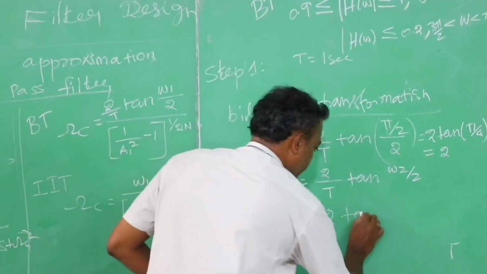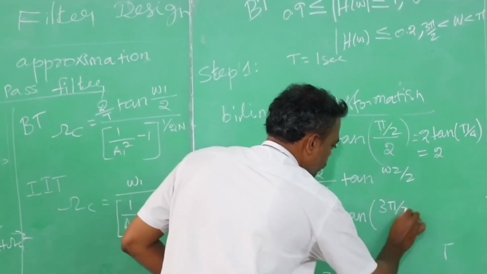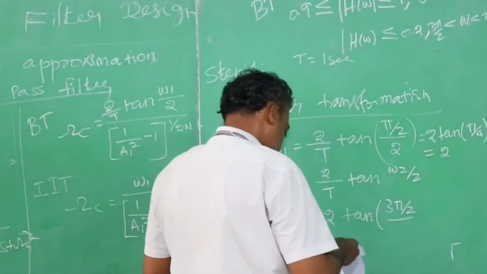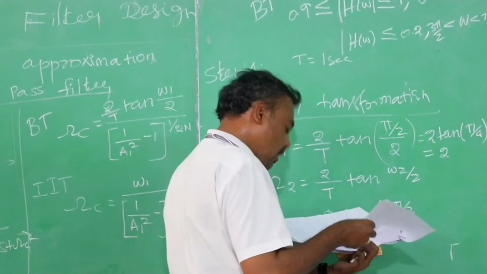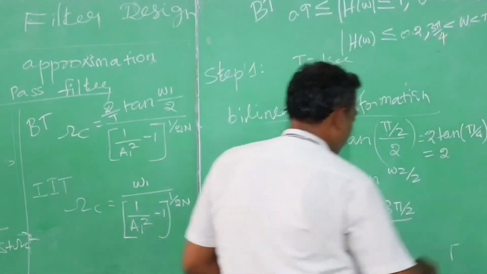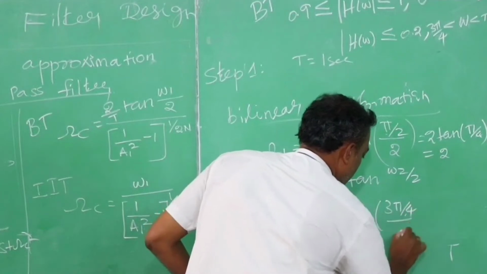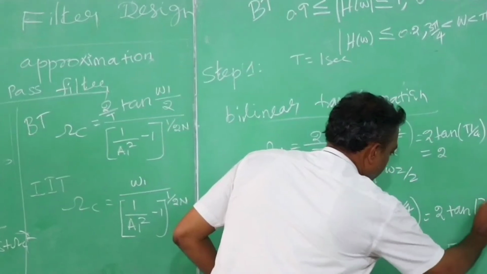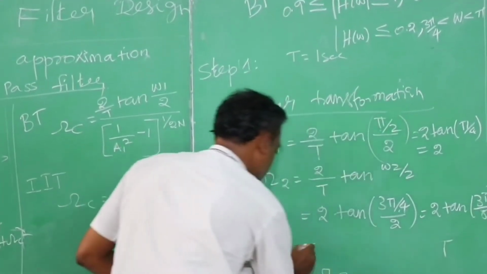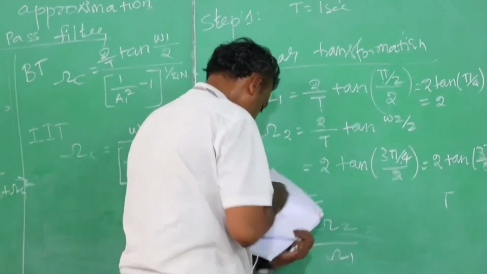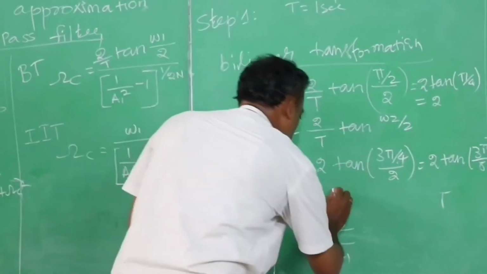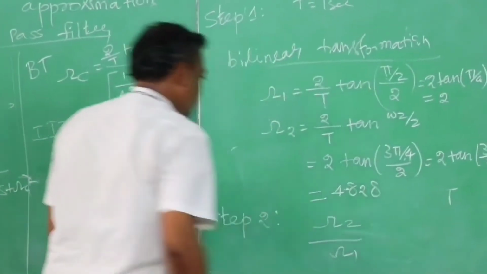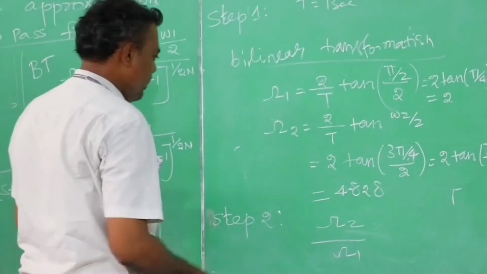In the same way, for Omega 2 with T equal to 1, we get 2 tan of omega 2 divided by 2. In this problem omega 2 is specified as 3 pi by 2, so we take 3 pi by 4. You can get 2 into tan of 3 pi by 8, which is equal to 4.828.